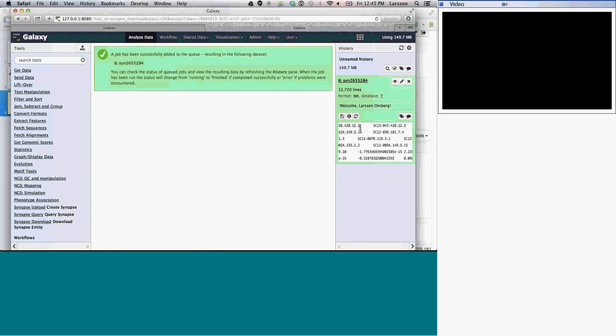And another question relating to Galaxy: these new features in terms of Synapse Upload, Synapse Query, Synapse Download, are those options automatically available in the latest instances of Galaxy, if the servers that you're using are most up to date?